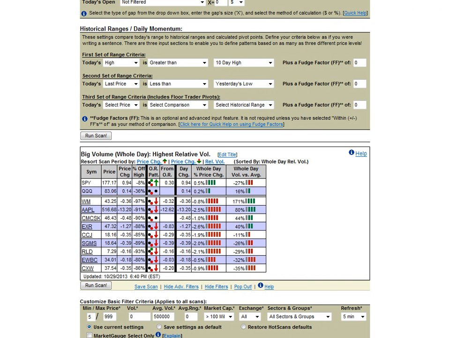You can see the SPYs at the top, which are always at the top of hot scans, and the Qs. The SPYs at -8% off the high means that they closed right near their high of the day, and the Qs at -36% means that they closed at 36% of their day's range from the high, so more or less in the top half of the range.